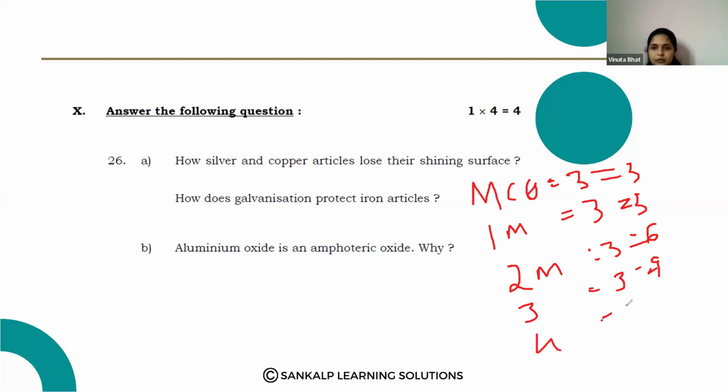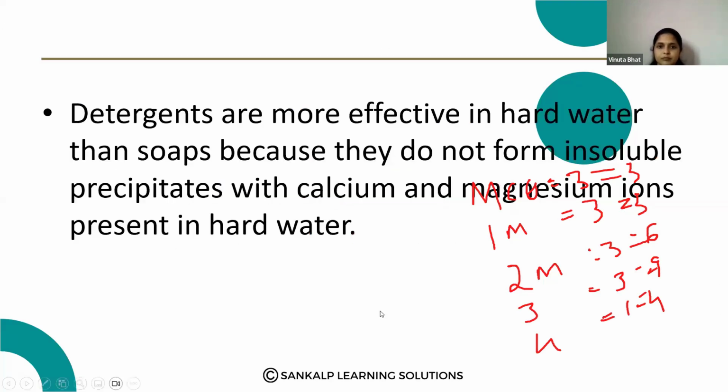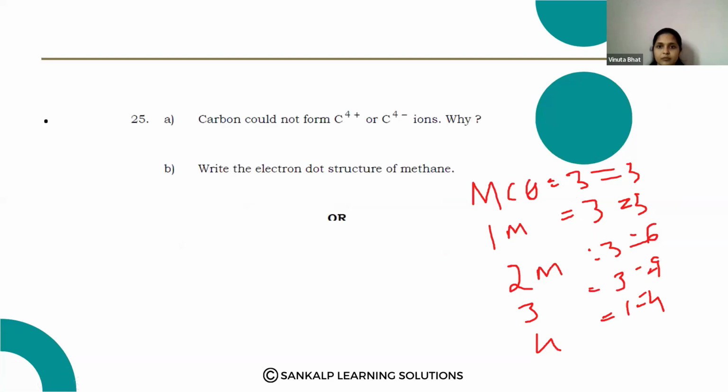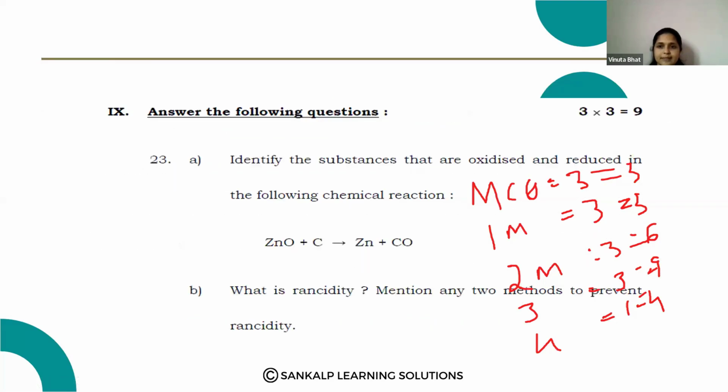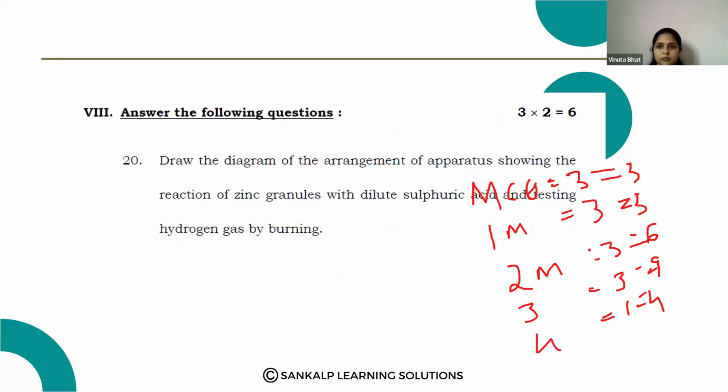Then the 4-mark question, that is 1, total 4 marks. Yes, I will check it once. Just a minute. 3-mark questions, 3. 2-mark questions, 3, that is 6 marks.